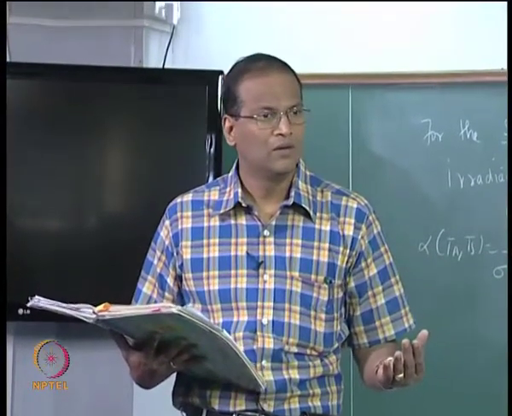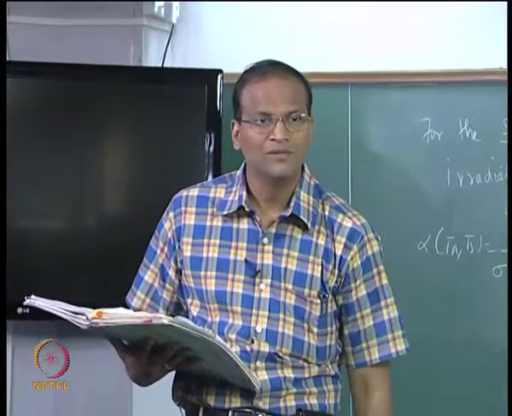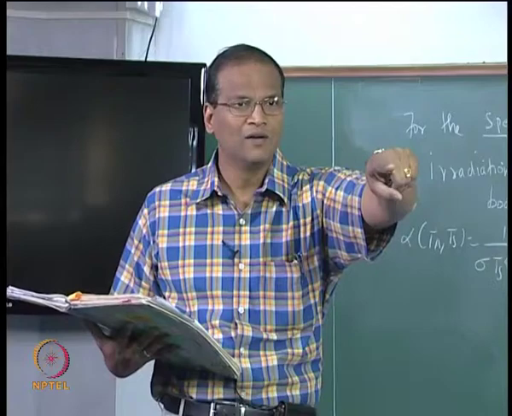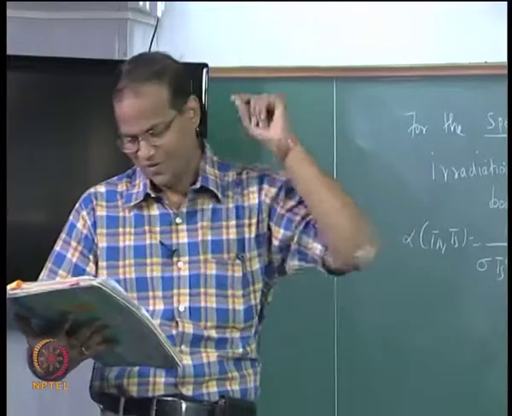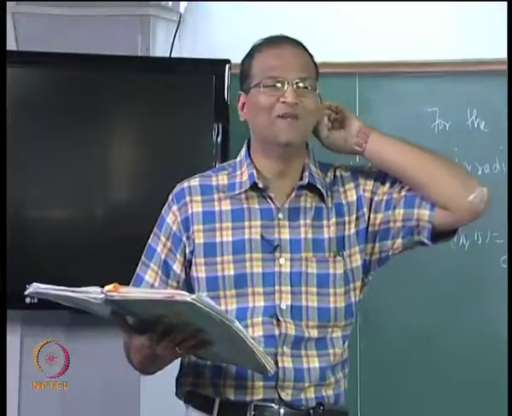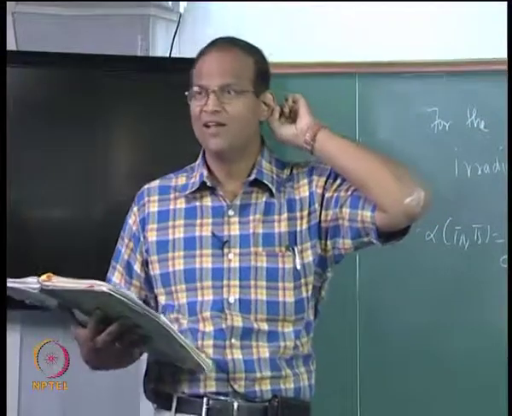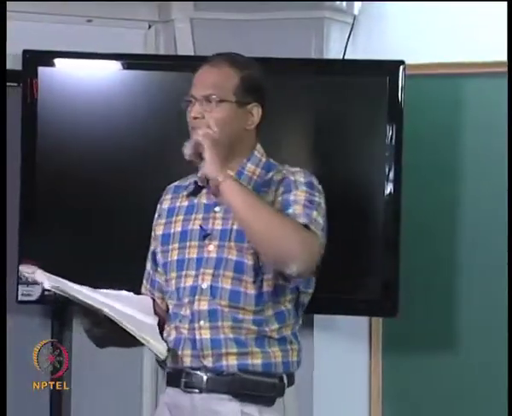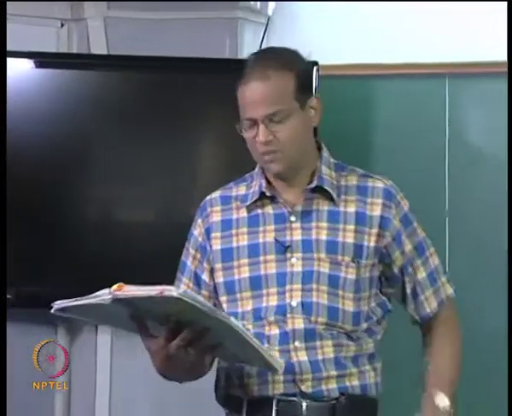What is the amount of radiation emitted? Before that, emissivity. What is its total hemispherical emissivity? Okay. If the surface is diffuse and is at 1000 Kelvin, what is its hemispherical total emissivity?